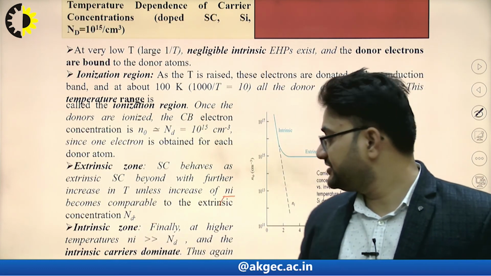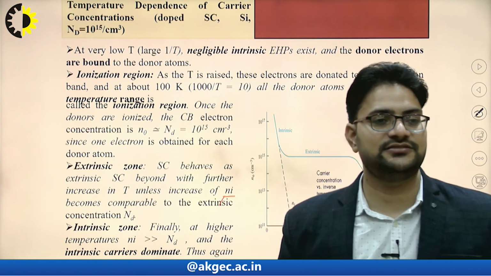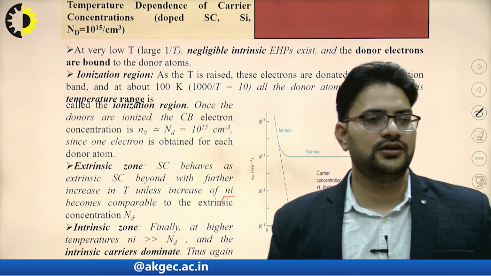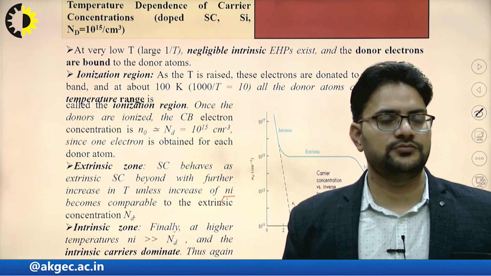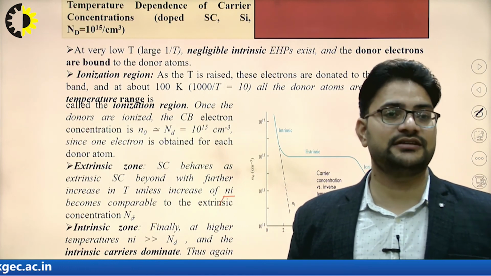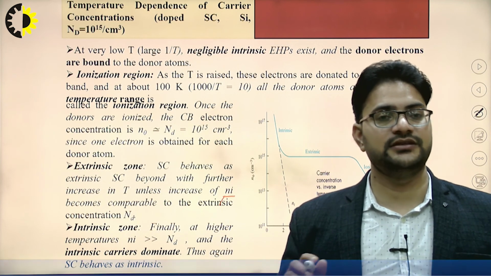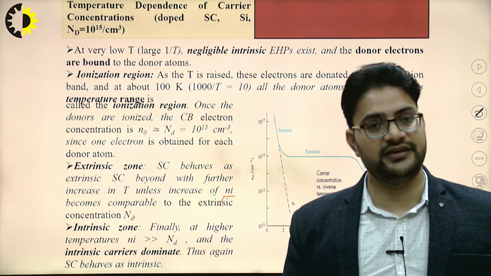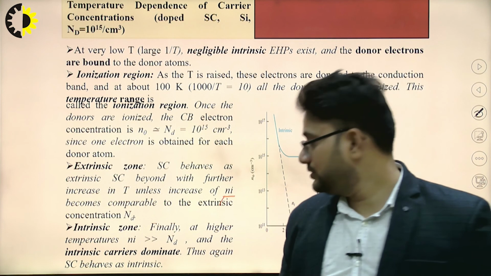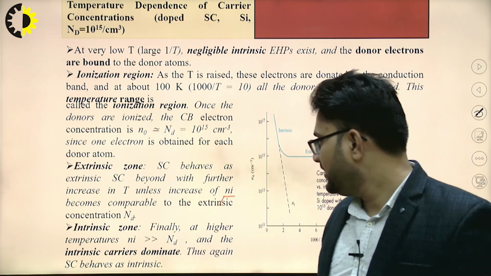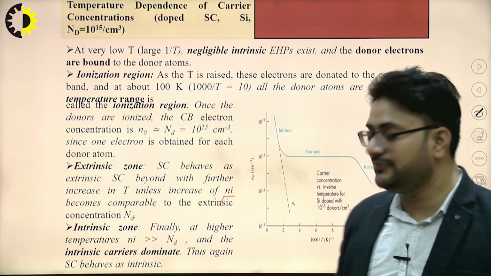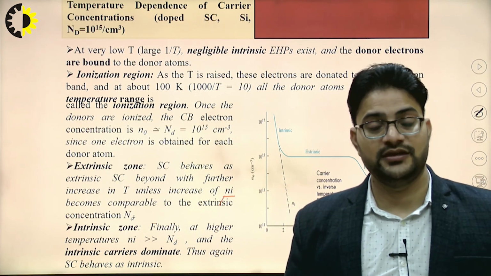At a higher temperature, if the temperature is further increased, then above the Curie temperature, the extrinsic semiconductor will become an intrinsic semiconductor again. So this Ni will be much greater than the donor atoms, and the intrinsic carriers dominate.